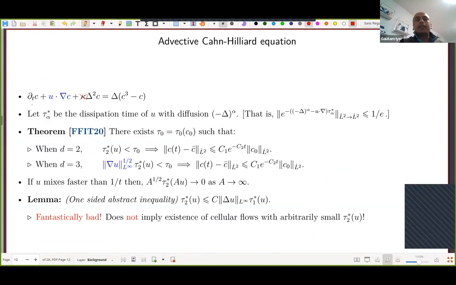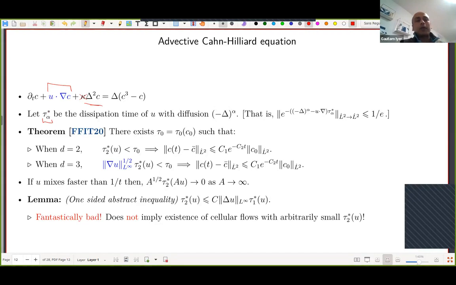First, I'm taking the Carnegie equation that I stated from the previous slide. I'm adding an advection term, u dot grad theta. Now you see, since I have Laplacian squared instead of Laplacian, I'm going to call the dissipation time the dissipation time with Laplacian squared.